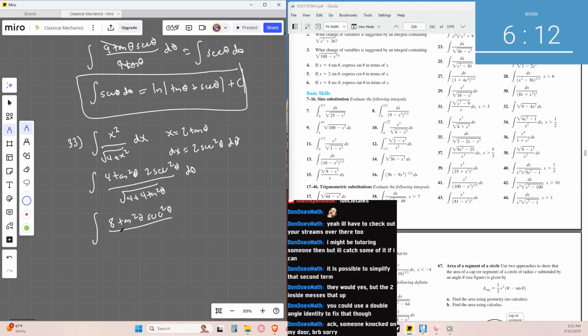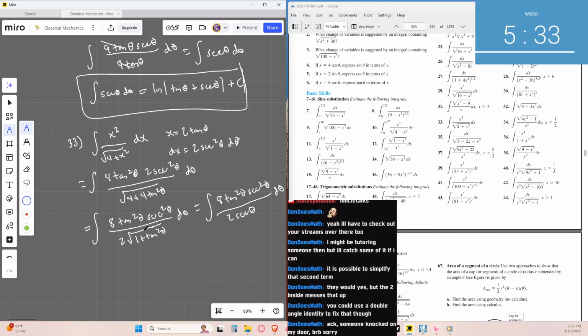Secant squared, then 2 comes out, and then we're left with tangent squared, which in turn equals tangent squared secant squared over 2 secant theta, right?